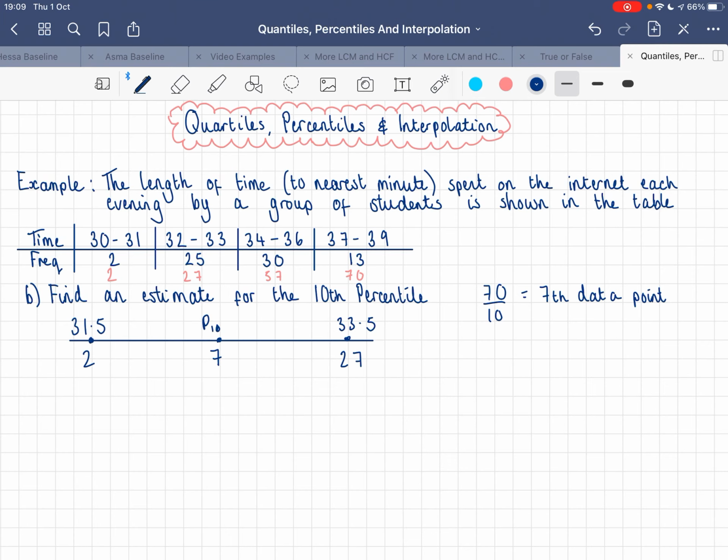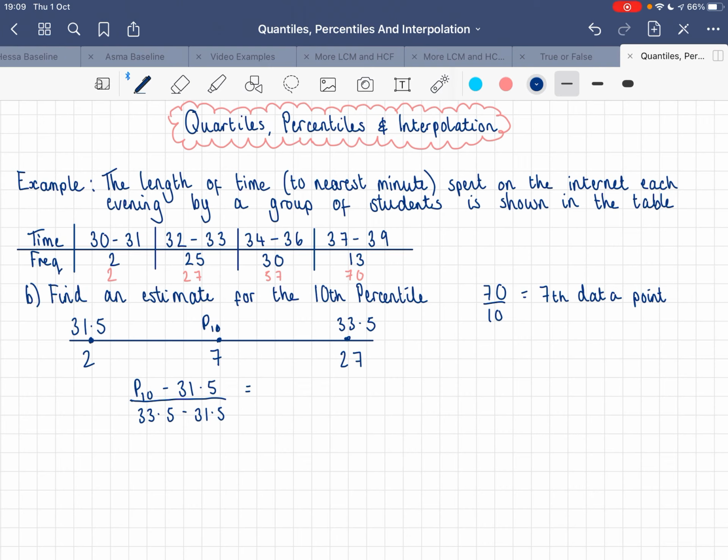Then I am going to, again, use a bit of proportion to work that out. So for our P10, we need to know what fraction of the way that is through the interval. So we would do P10 minus the lower boundary and divide it by the size of the interval, which we would find by doing 33.5 minus 31.5.